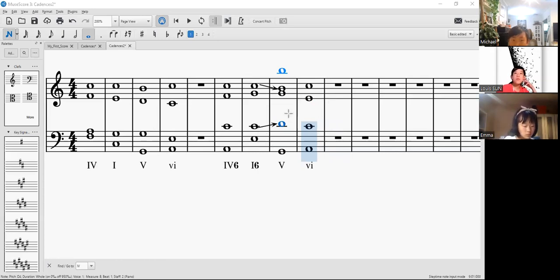There's a bit of contrary motion going on, mostly, and the outer has a little bit of interest, but not too much. So keep the outer antenna boring. It's not supposed to be interesting. The soprano and bass is where all the interest happens. Okay. Let's listen to this.